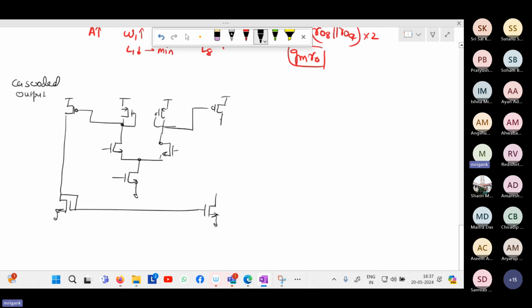At this point, I want to introduce a cascode stage. That means I want to do something like this, with appropriate bias voltages, VBP, VBN. So in this case, what will be the gain? Other things are remaining the same. What will be the output gain in this case?